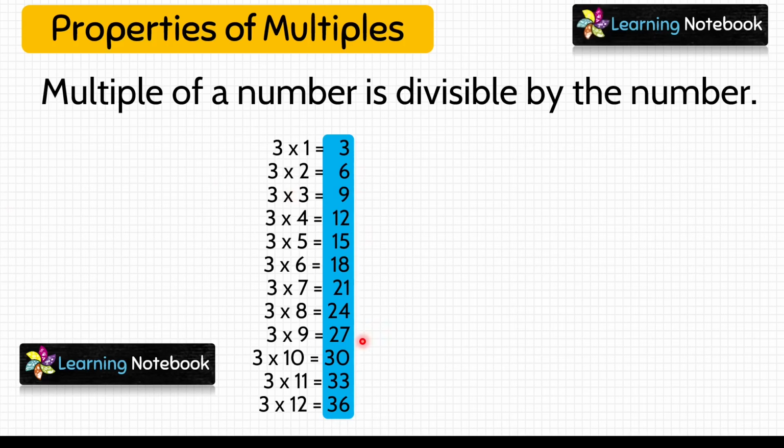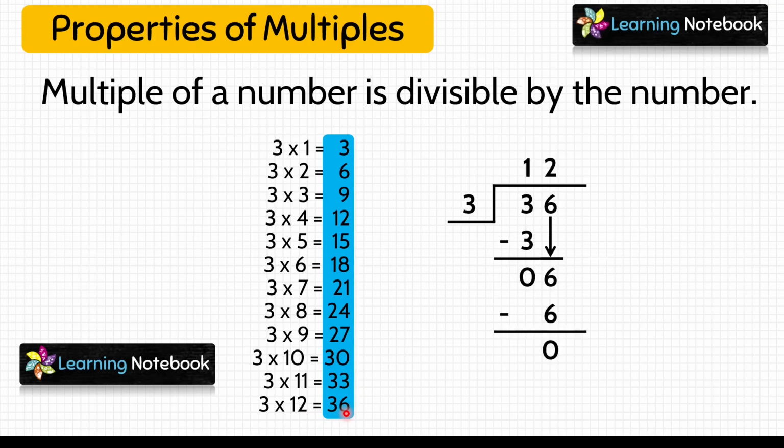Let's pick number 36, which is a multiple of 3. Now let's check if 36 is divisible by 3. On dividing, we see that the remainder is 0. So it means 36, which is a multiple of 3, is divisible by 3.